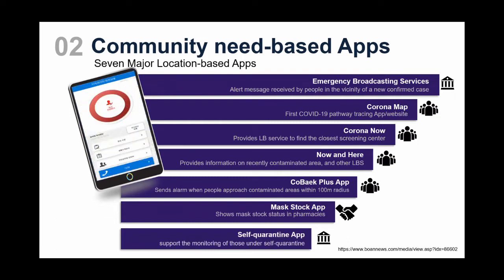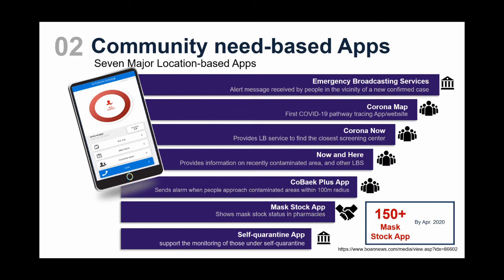And then the government came up with the self-quarantine app in March 2020. We had more than 50 different apps related to COVID-19 by February 2020, and more than 150 mask stock apps by April 2020. So we have hundreds of different apps, but how would that be possible?